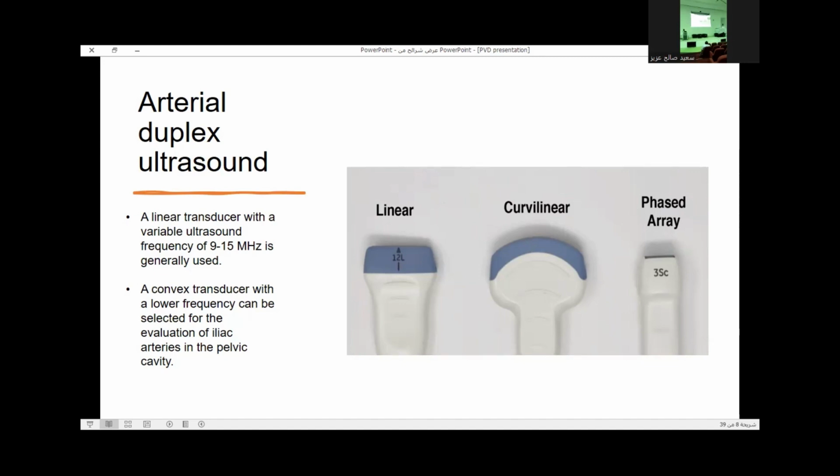Also, we have higher frequency probes, for example the so-called hockey stick. It can reach 15.